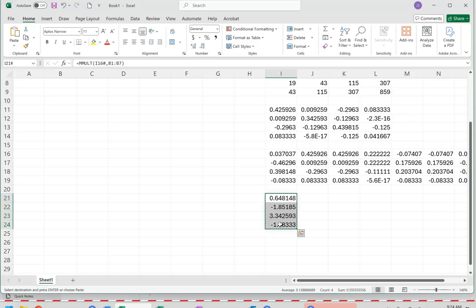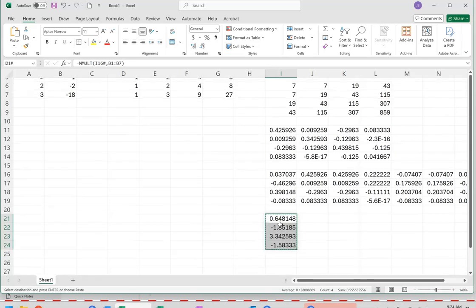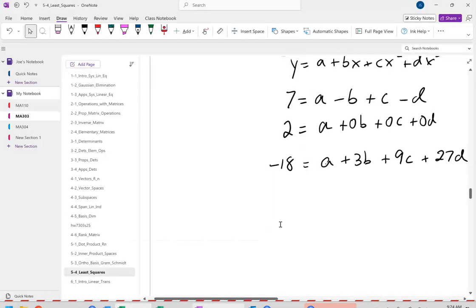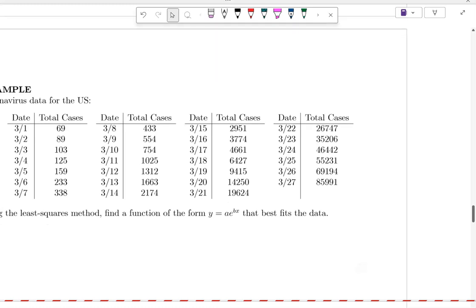Oh, the way we set it up was this way, right? So the first one's A, the second one's B, the third one's C, and the last one's D. Yeah. All right. Let's go to the next one.